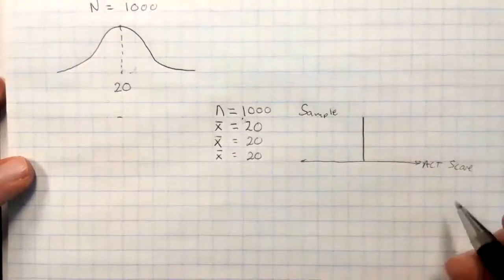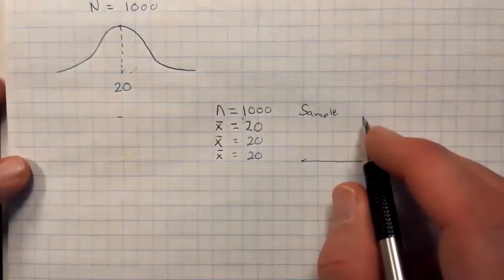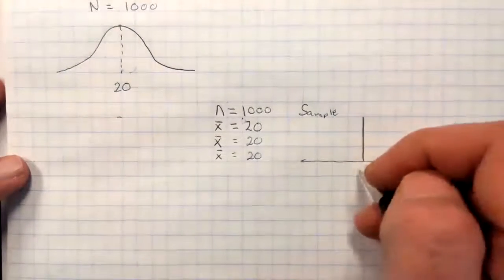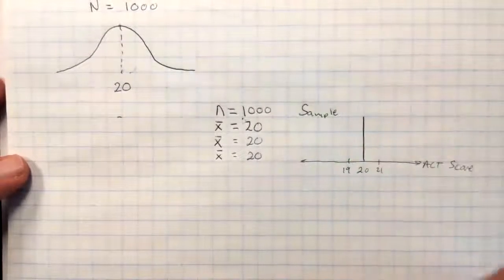Our x-axis would be the ACT score. I would get an average of 20 every single time. I would never get an average of 21 or an average of 19.